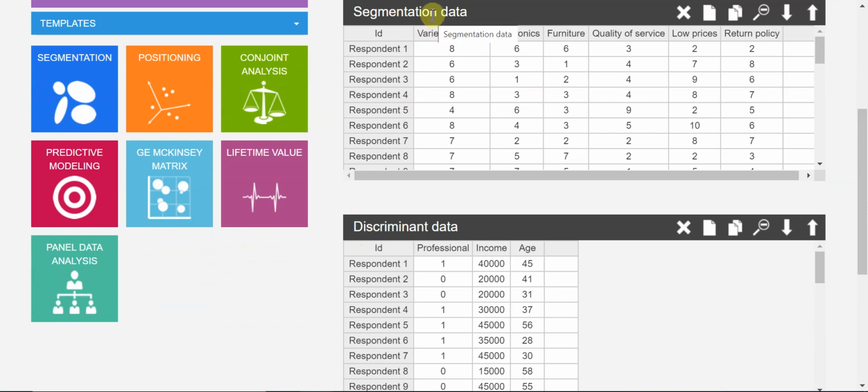Segmentation data segments the market and makes a targeting decision, so this is the major one. Discriminant data describes the chosen target segment, so it is needed after the targeting decision. So remember the 2 data sets.